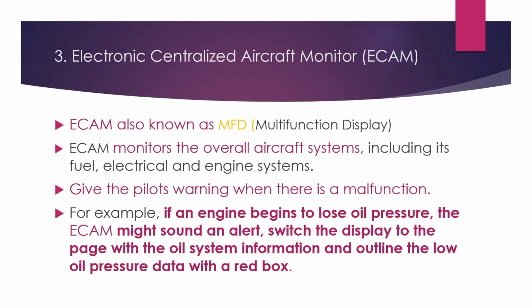For example, if an engine begins to lose oil pressure, there might be the sound of an alert, the display switches to the page with the oil system information and outlines the low oil pressure data with a red box. These are using the electronic centralized aircraft monitor.